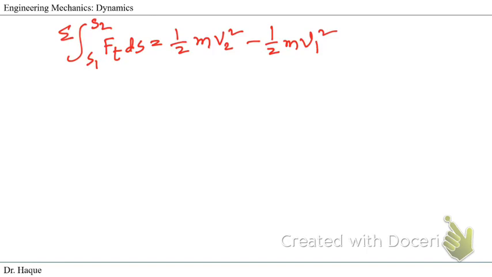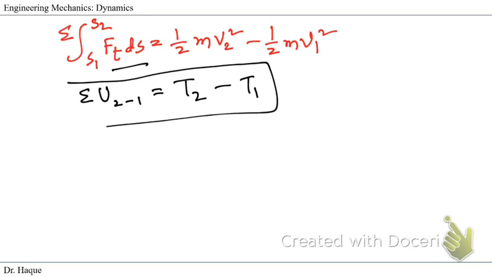Now this force times distance here is the work, so we're going to say this is the work from point 1 to point 2, and we're going to term this half m v2 squared as T2 and half m v1 squared as T1.